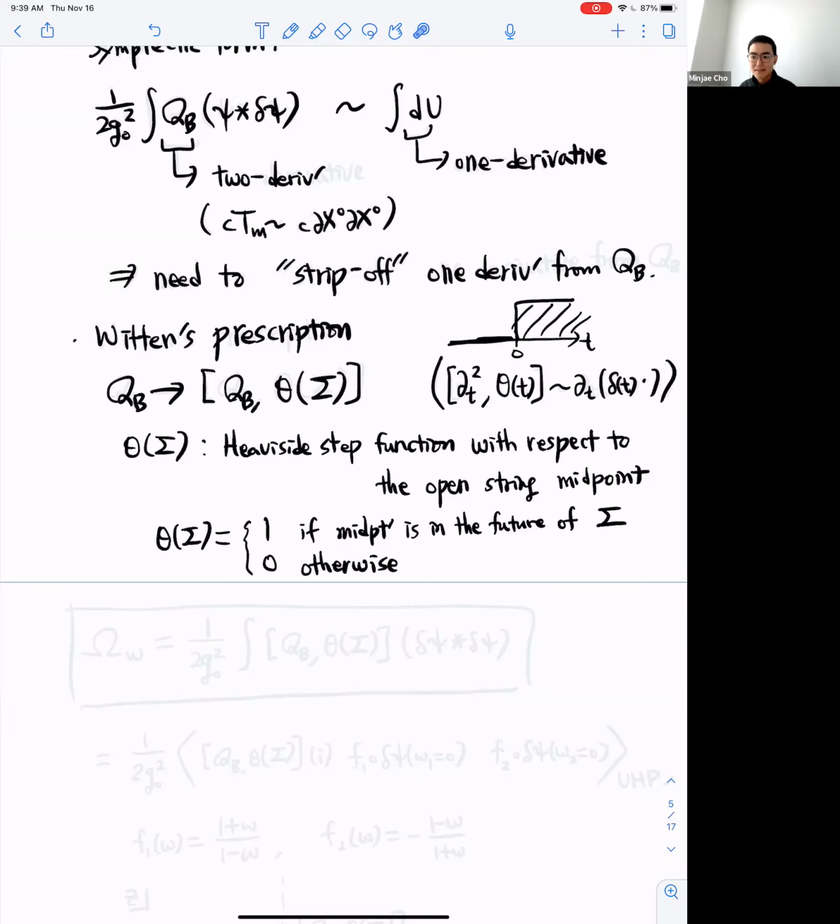Hi, Minjae. If I remember Witten's paper correctly, this prescription is essentially coming from the demand that the symplectic form that you define is independent of sigma at the end, right? So is this a unique way to do this, replacing QB by the commutator of QB with theta? If you want to write down the symplectic form that Witten wrote down, then this is the unique way, in the sense that if you choose any other point, then the symplectic form that he defined is not going to be independent of sigma or gauge invariant and so on.